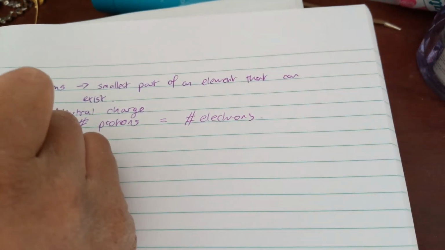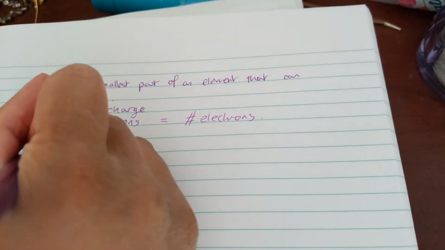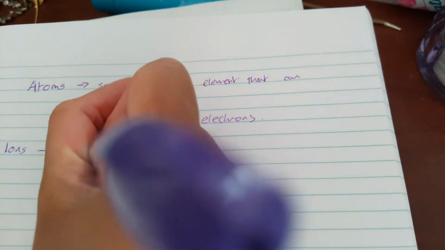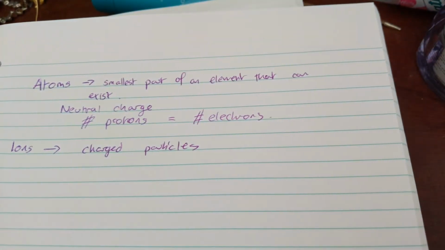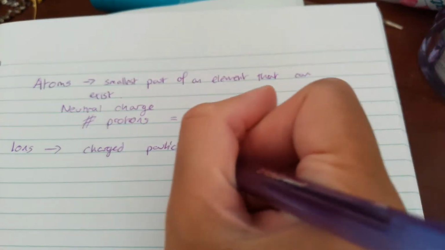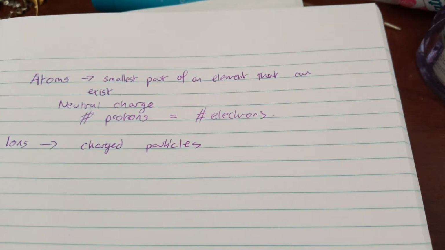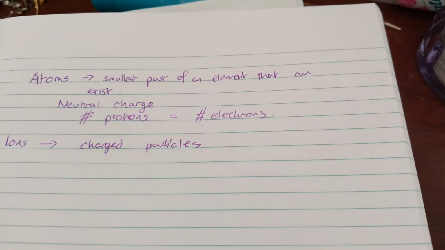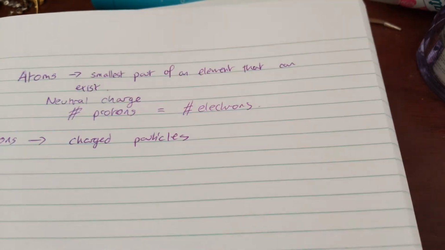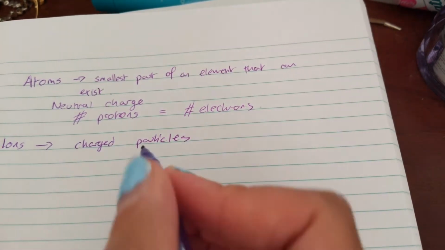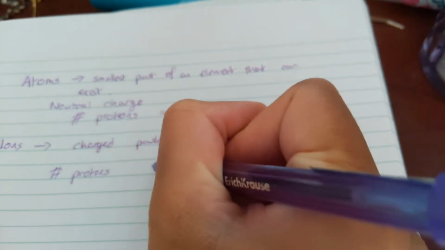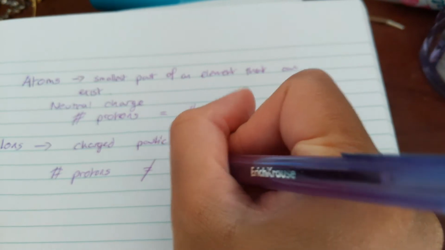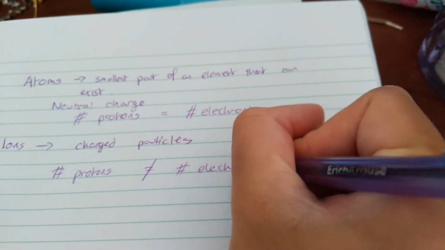Whereas ions are charged particles. And they're charged, which means they have either a positive or a negative charge, and it can be a multiple of 1, 2 or 3. And they're charged because the number of protons does not equal the number of electrons.